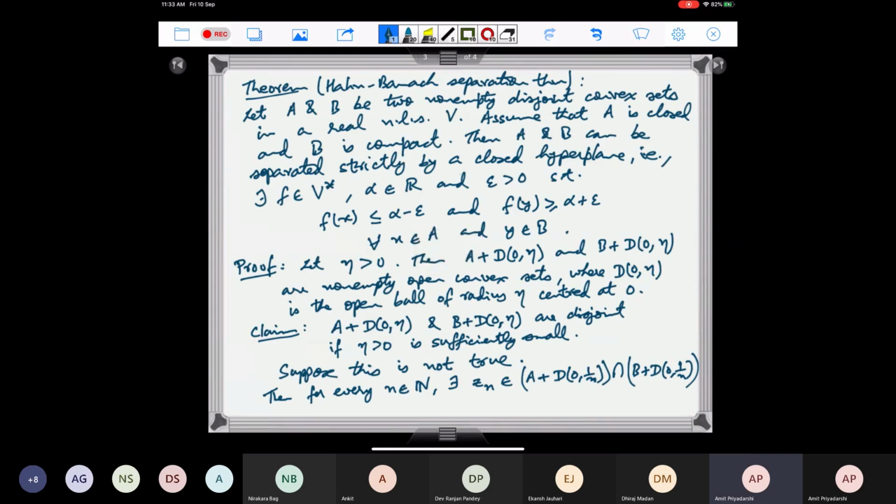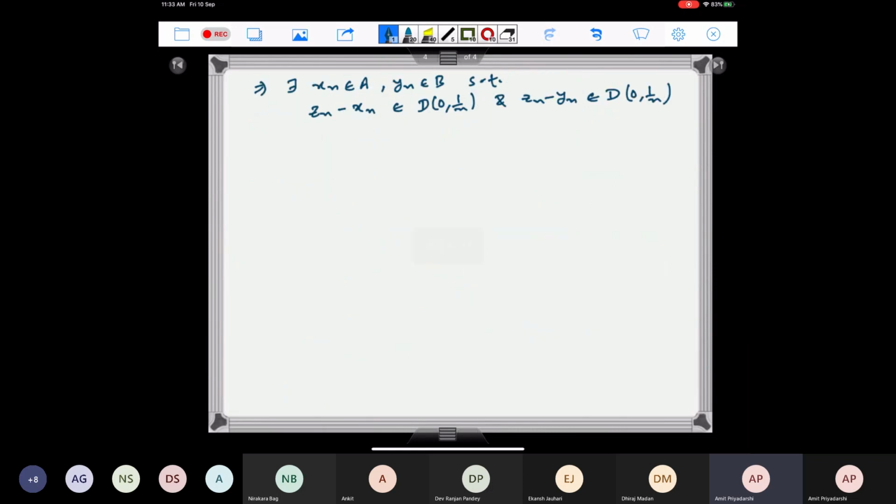Is this clear? Because if Zn belongs to this, then Zn can be written as xn plus some point in D0 1 by n, and similarly for yn.